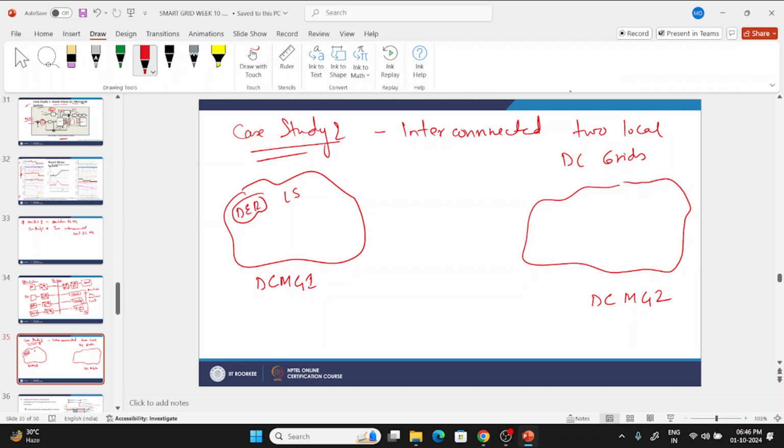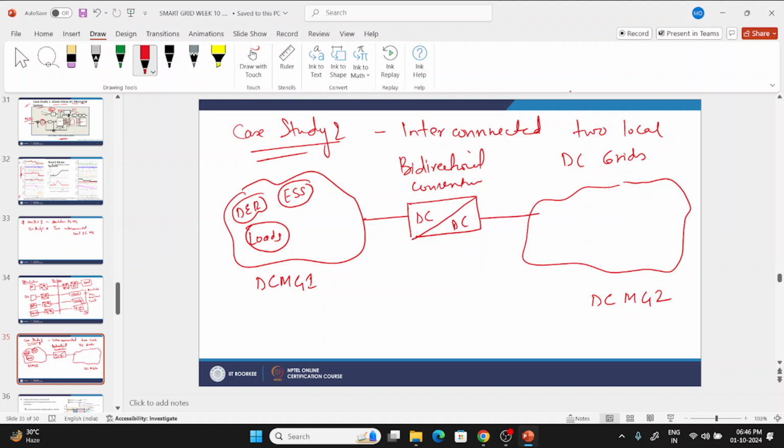Energy storages will be there. Okay. Loads in any microgrid will be here. And these two are connected through bidirectional converters. Bidirectional, why? Because energy can flow depending upon the requirement either from left to right or right to left, or we can say from one microgrid to another microgrid.